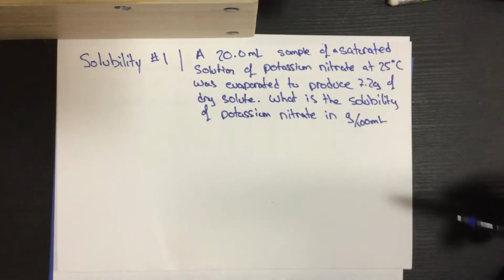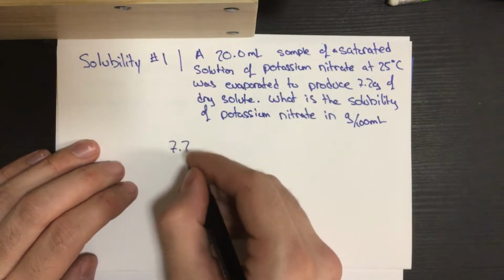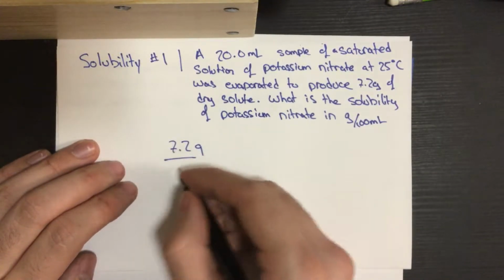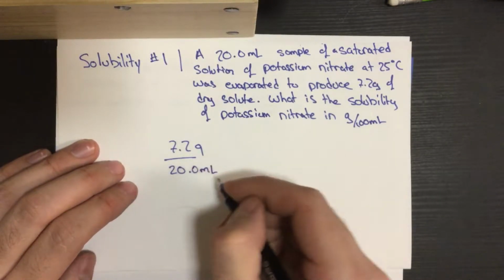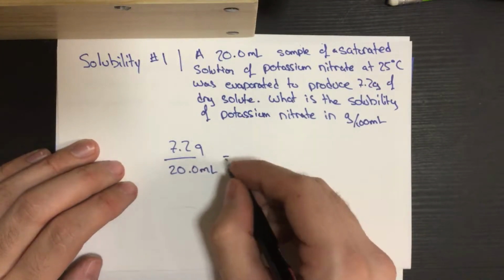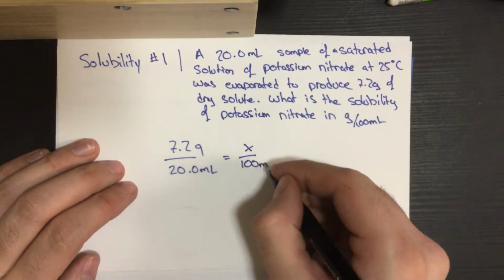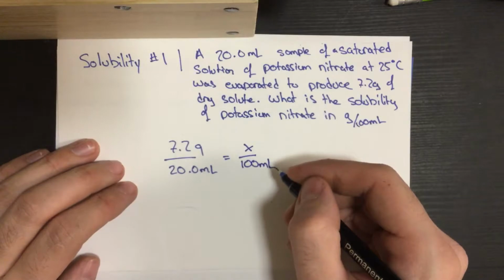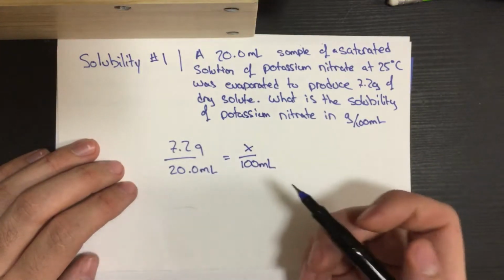The best way to go about solving this is simply to look at what we have and what we want. So I have this information currently, and I want to know how much I can dissolve in 100 milliliters. Now, to solve this, the best thing to do is to cross multiply and divide.